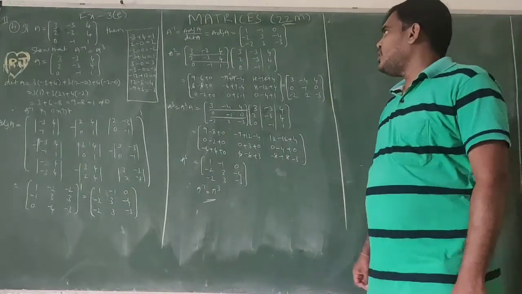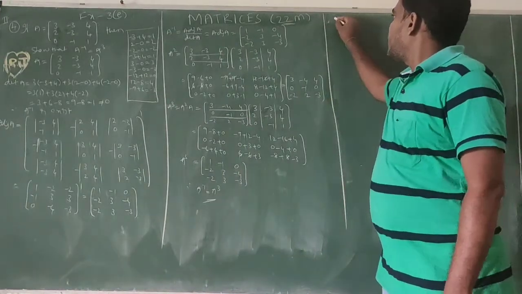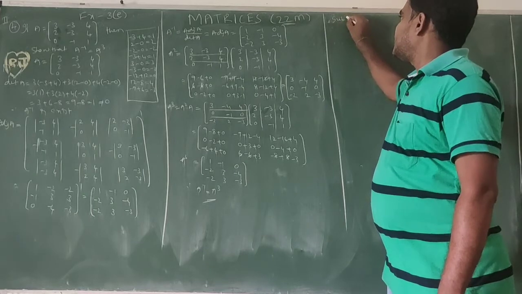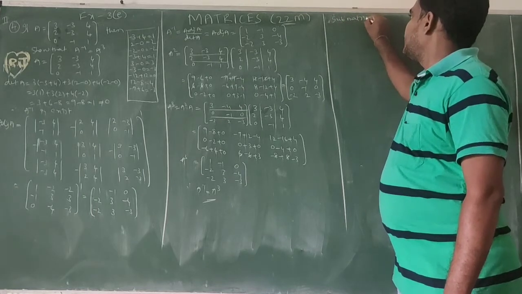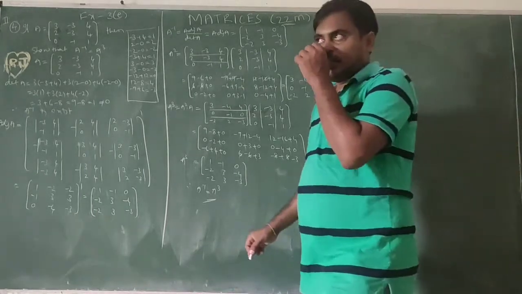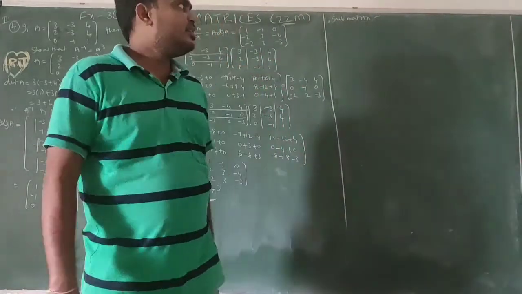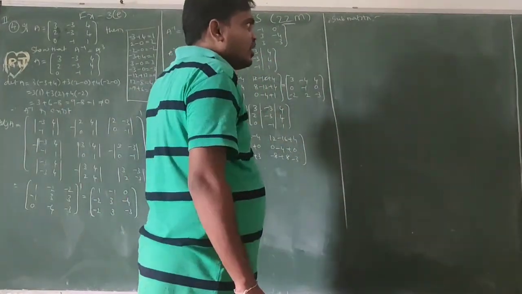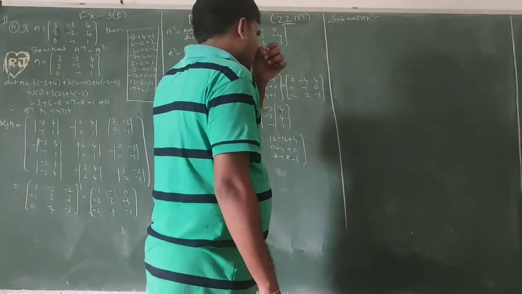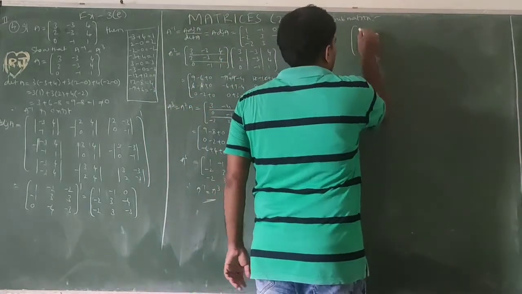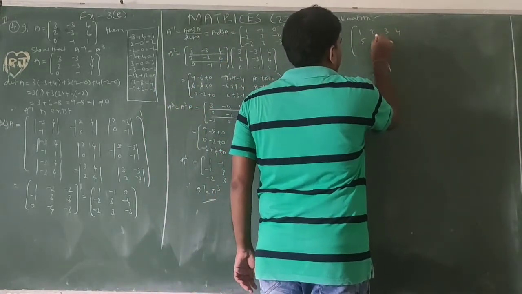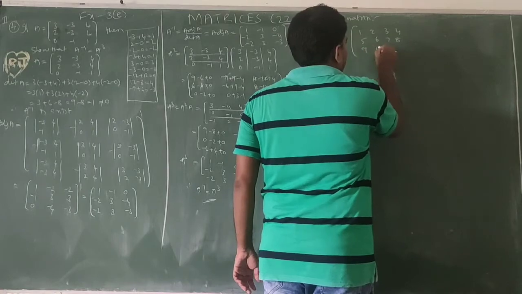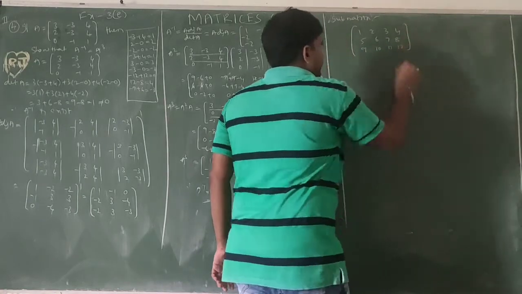Okay, next concept: submatrix. So a submatrix is nothing but I am taking any matrix, 1 2 3 4, 5 6 7 8, 9 10 11 12.